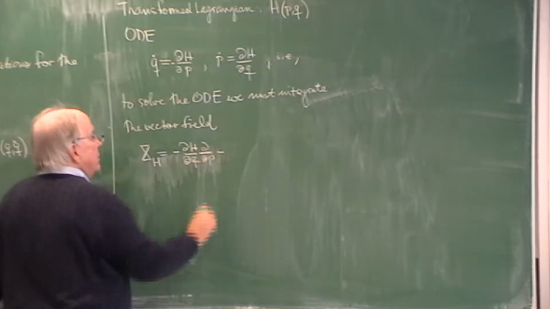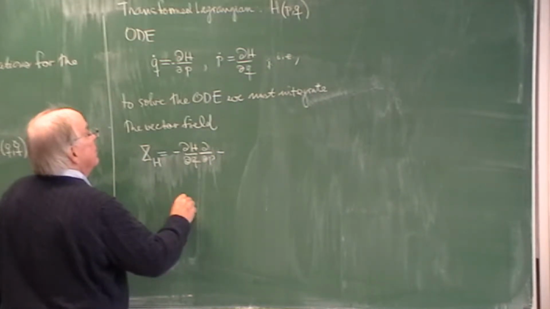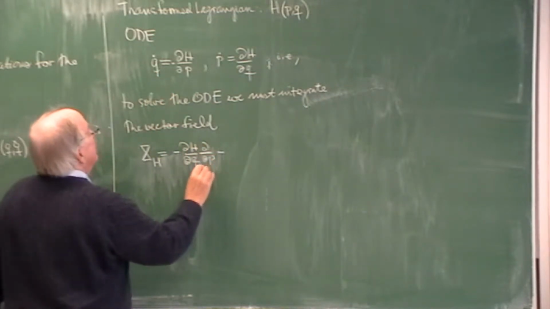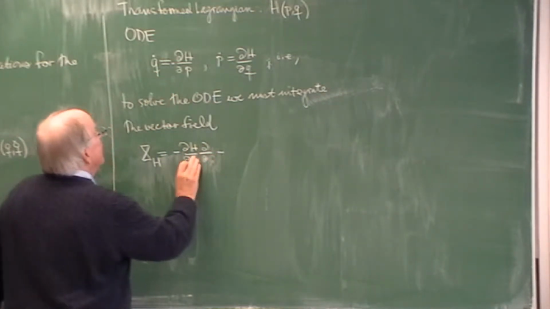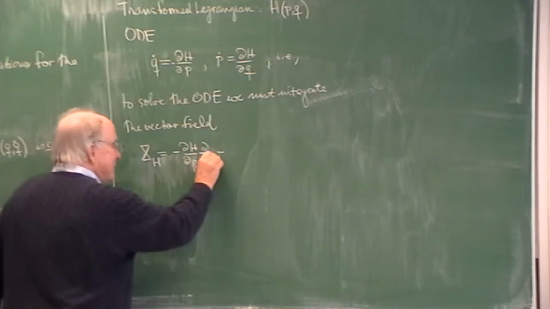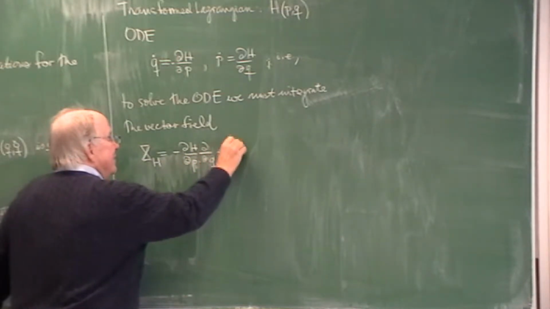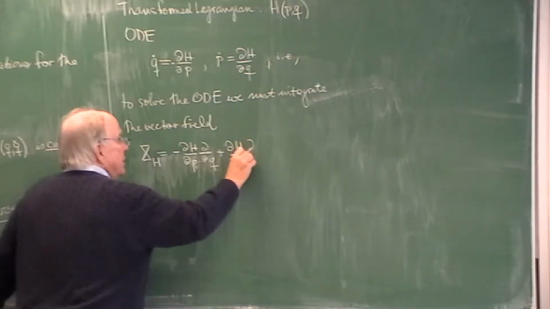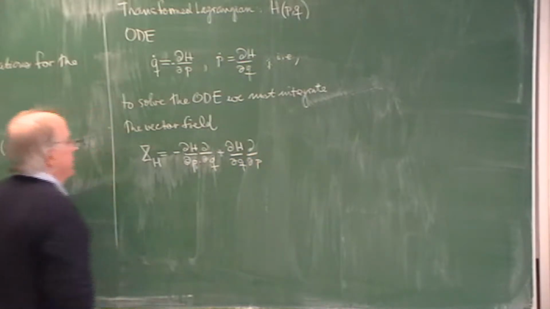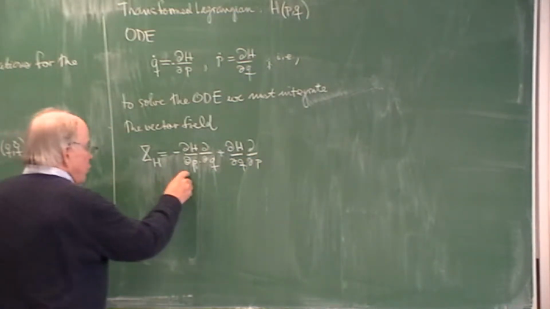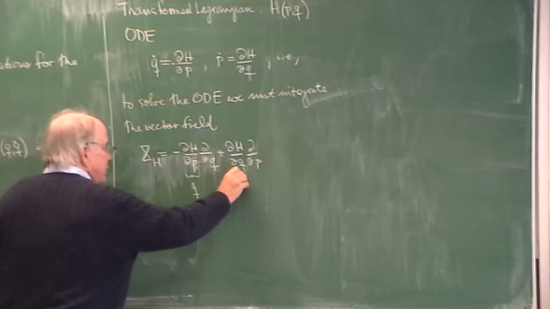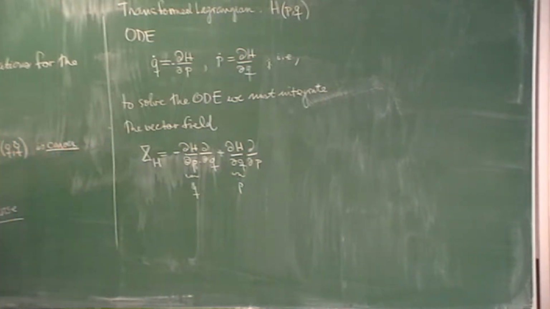No, I did it wrong. q point, okay, d plus dH dq dp. That's what it looks like. So q point equals that. That's how you integrate your vector field, and p point is there. Okay. That's it.